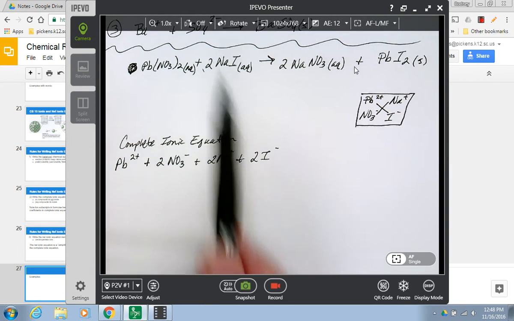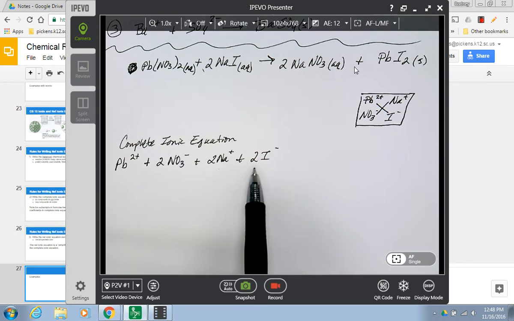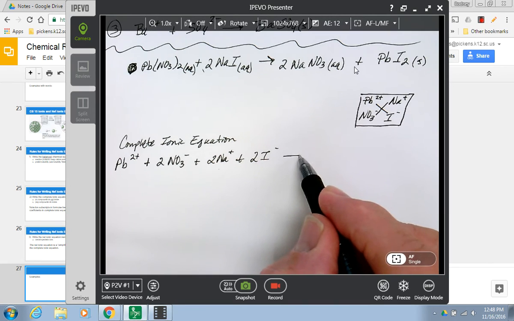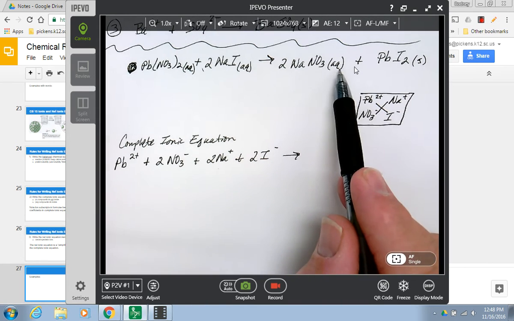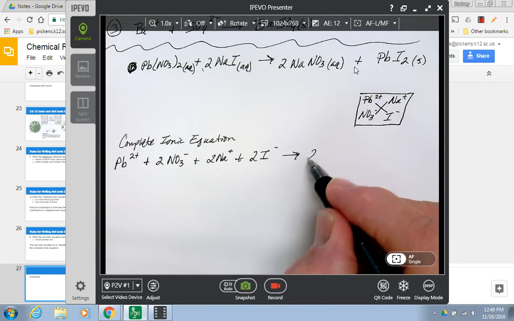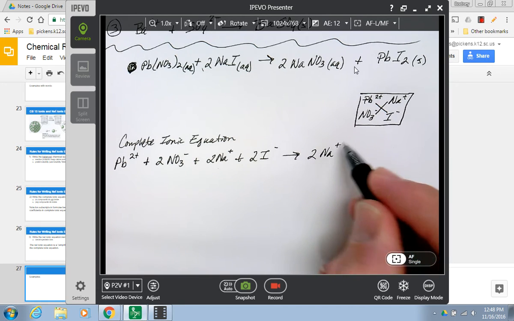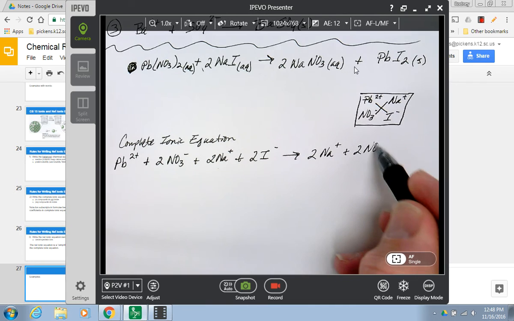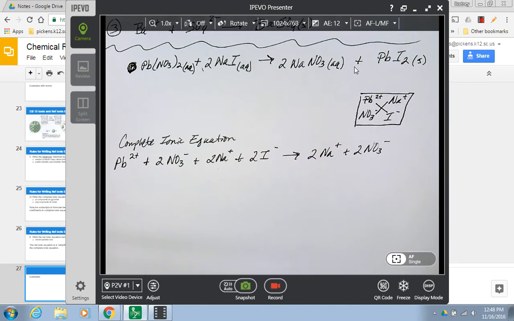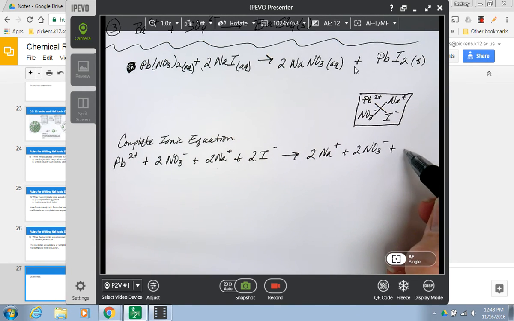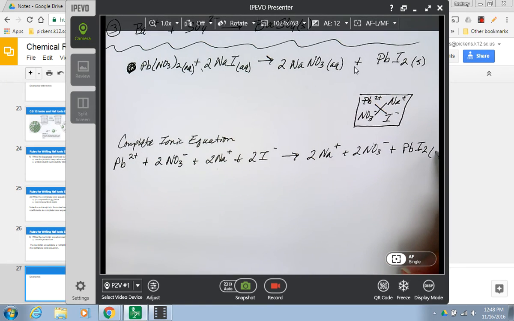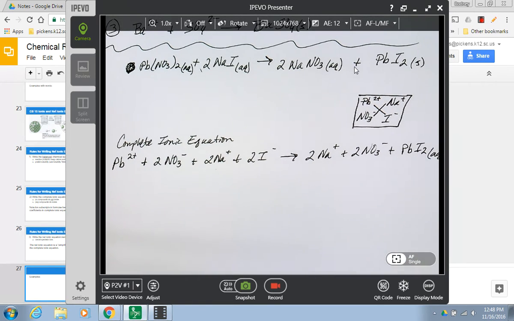So that means we have 2 sodium ions, we have 2 iodide ions. Now we go over here to the right-hand side. We have sodium nitrate, so we have 2 of them, Na plus 2 nitrates. Again, this 2 goes with it, plus what? PbI2, and that one is a solid. So that's your complete ionic equation.